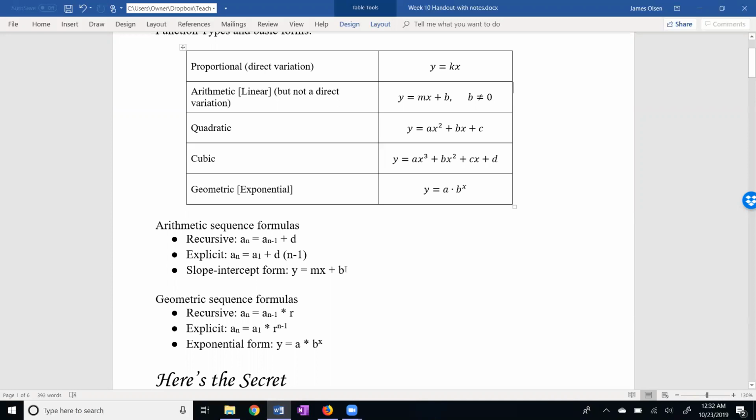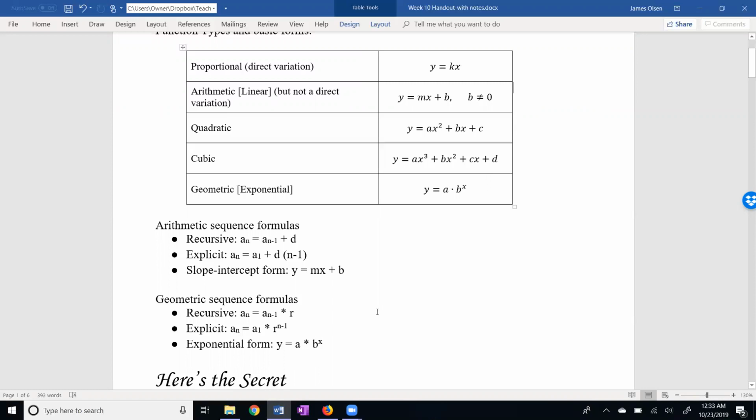It's the point when n would be 0. In a similar manner, for geometric, we have our recursive formula, we have our explicit formula, and our exponential form will be y equals a times b to the x, where a is the starting value, the y-intercept, kind of like a naught, if you will.